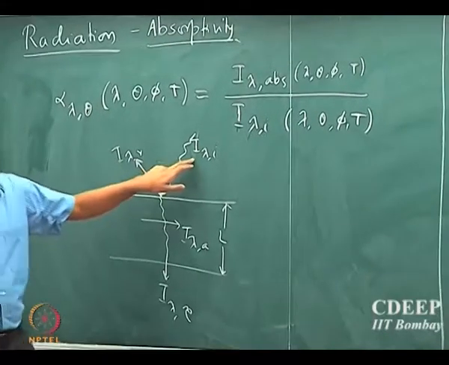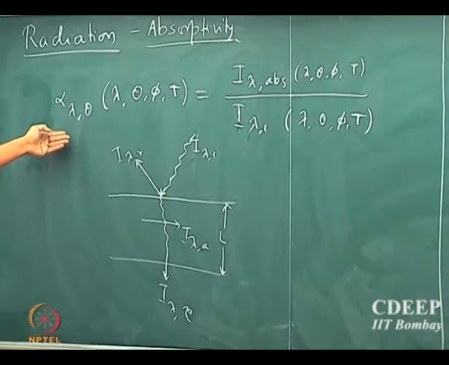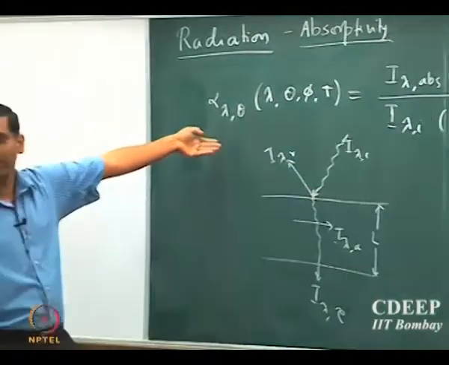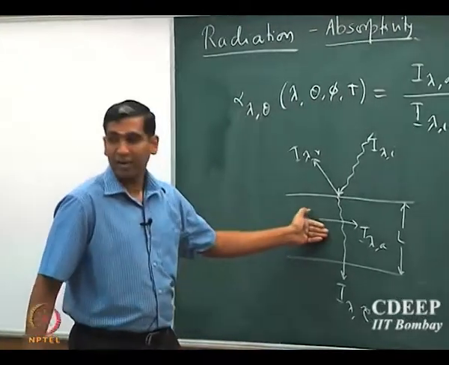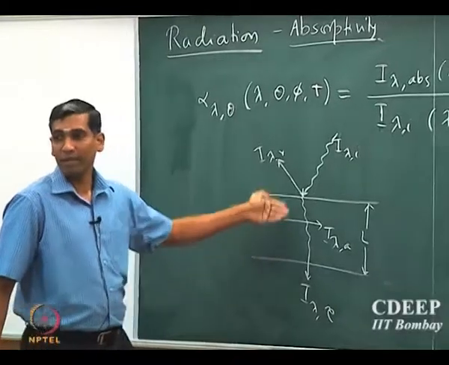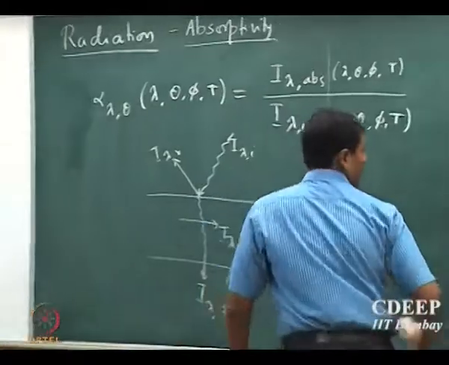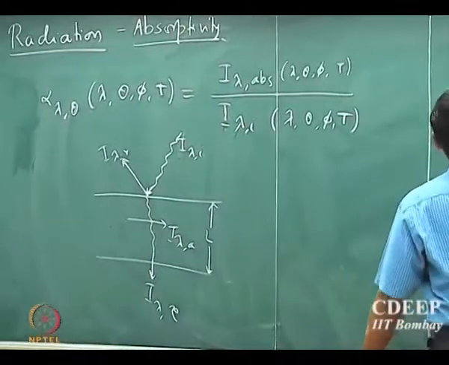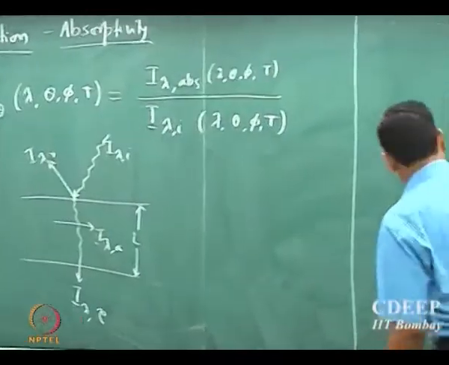So if we know the total incident radiation, then a local absorptivity is simply defined as the ratio of the intensity of radiation that is absorbed divided by the total incident radiation. Once again we can define things like spectral, hemispherical, etc., because it is position dependent and wavelength dependent.